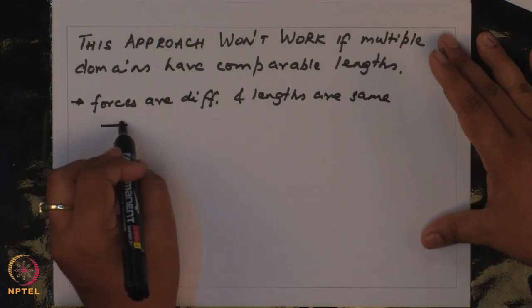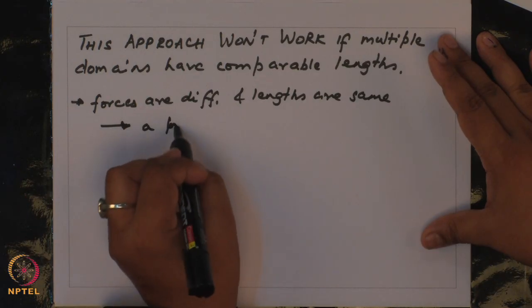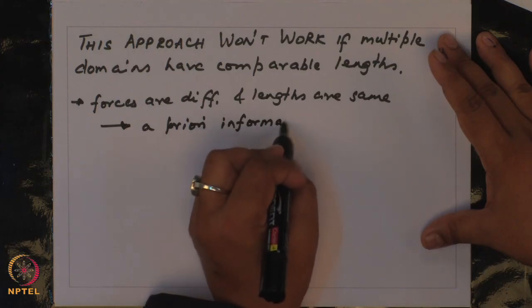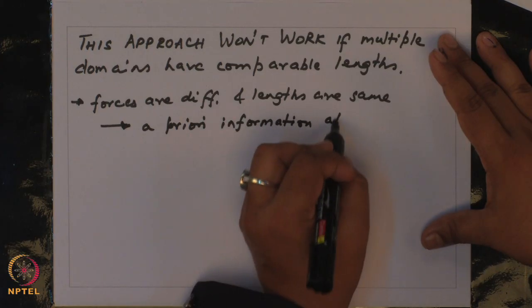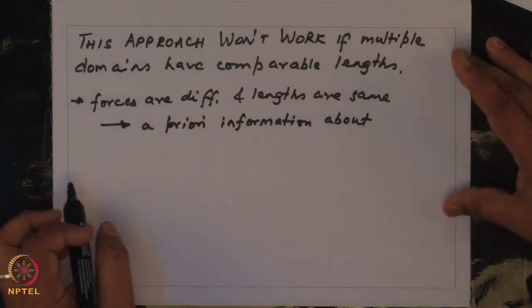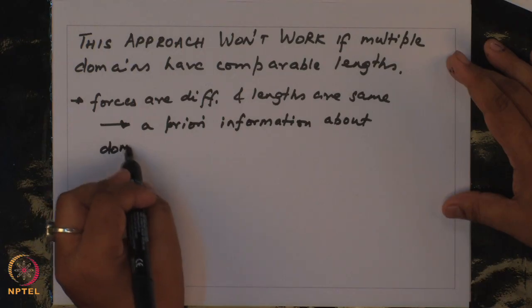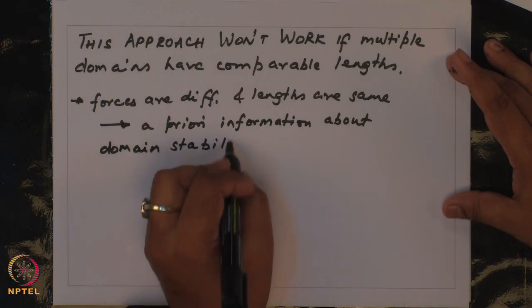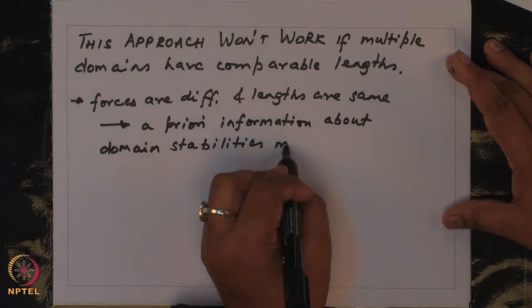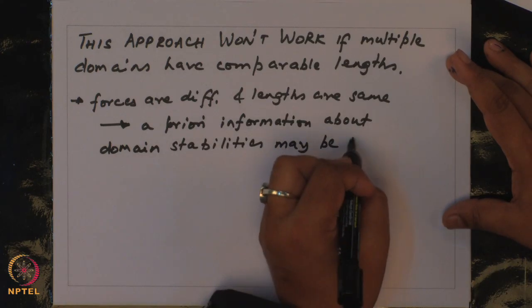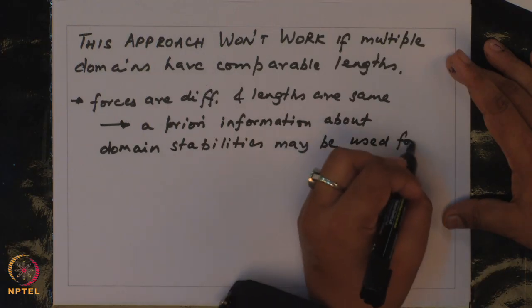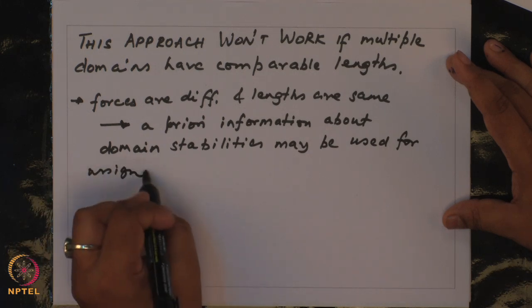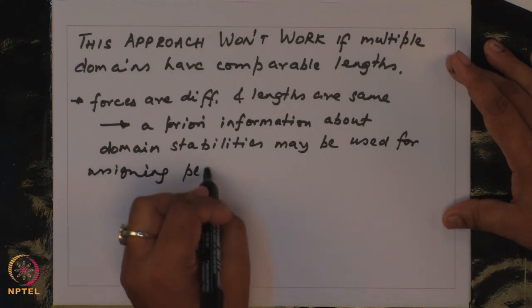If you know a priori information about domain stabilities, it may be used for assigning peaks.